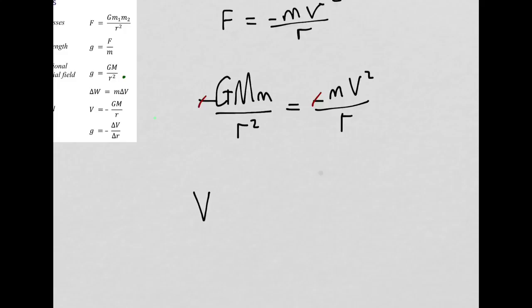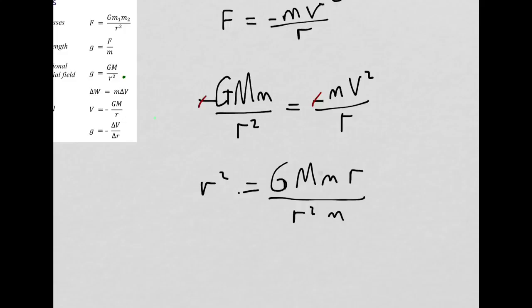So if we try that, we end up with, that looks like a capital V, this is velocity, so let's draw that smaller. v squared is equal to big G, big M, little m, r over r squared, little m.